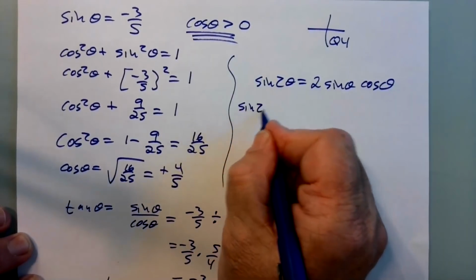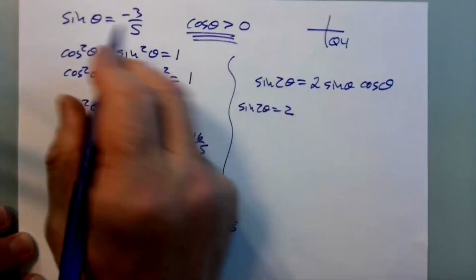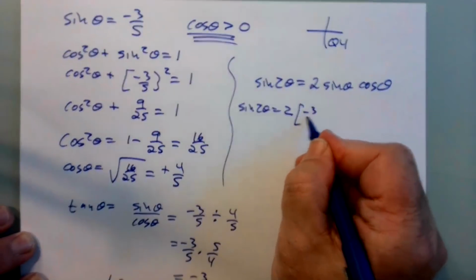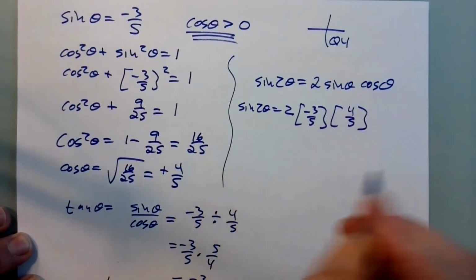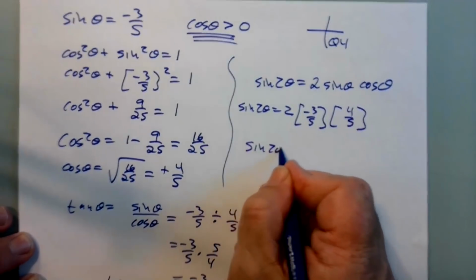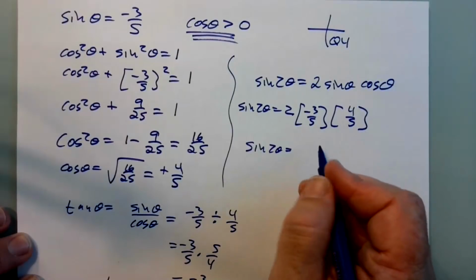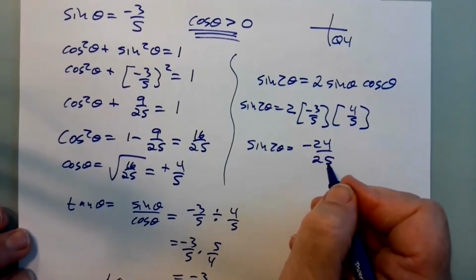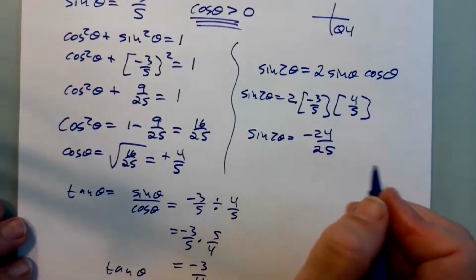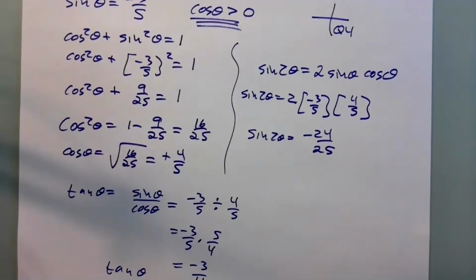So the sine of 2 theta is 2 times sine theta, which we said was -3/5, times cos theta, which we said was 4/5. So what does that make sine 2 theta? -6 times 4, -24/25. And of course, there's a whole lot more we could do. I could ask you secant, cosecant, cotangent, anything like that to enable us to do more analysis. But that's a pretty good start, I would say.